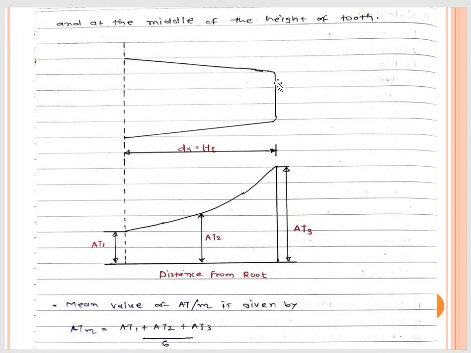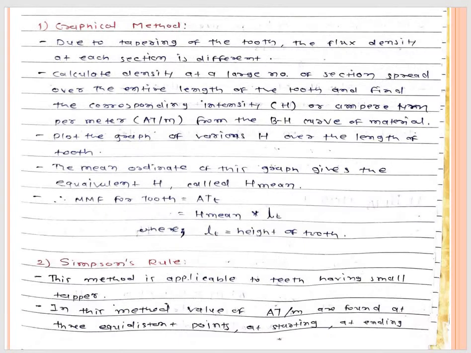At the point where the area is small, the flux density is higher. At the point where the area is large, the flux density is low.